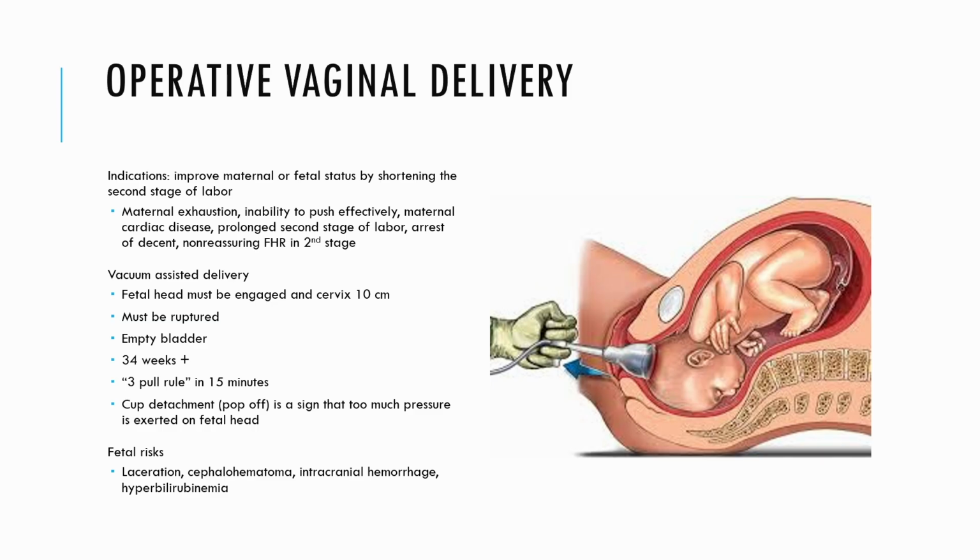I will bring some vacuums to class for you guys to be able to look at them and apply them on your arm and feel how much pressure is applied by one of them. There are some risks for the fetus if this is used in delivery. There's a risk of a laceration on their head, the development of a cephalohematoma, an intracranial hemorrhage, and they're at an increased risk of hyperbilirubinemia or jaundice.